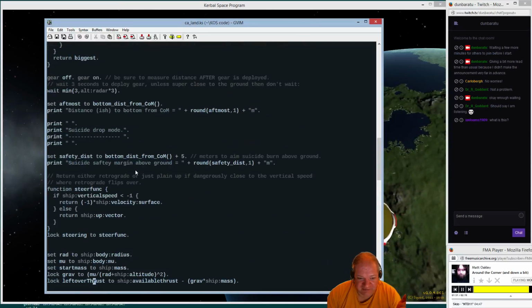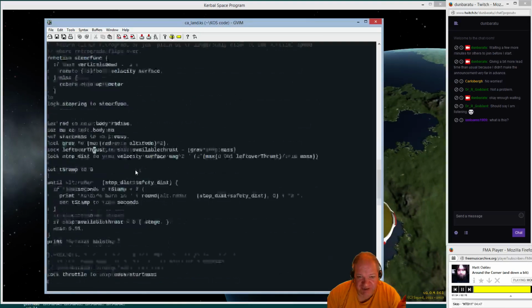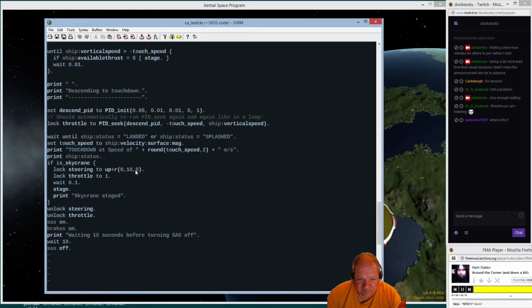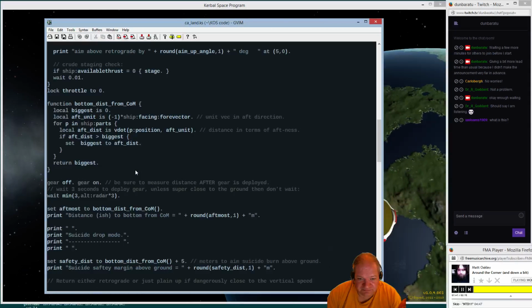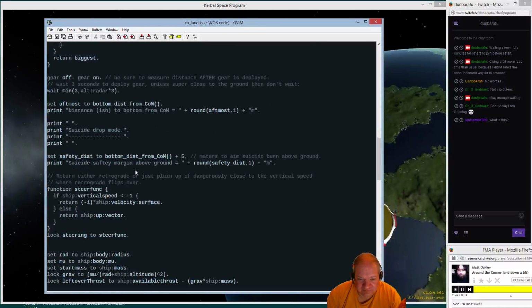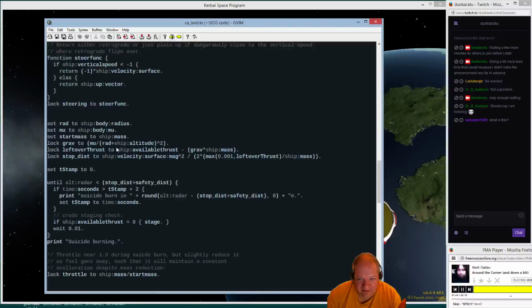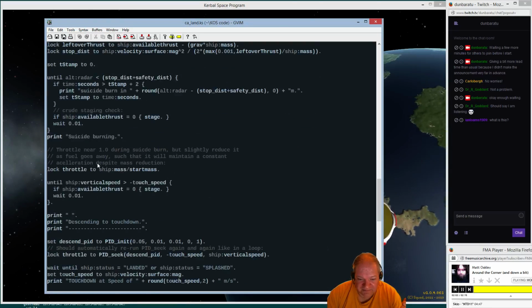Where was the section where the suicide burn happens? I want to show you what I changed from last episode. I think it was in here. Yep. Previously, it would lock the throttle to simply 1 and leave the throttle at 1 the entire time. The difference now is that I'm locking to ship mass divided by start mass.